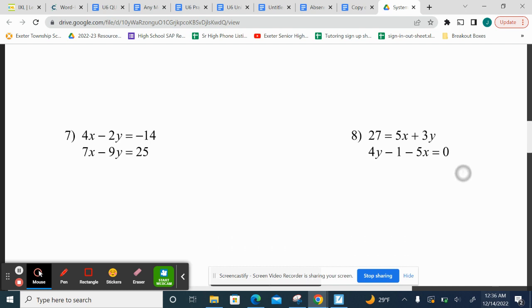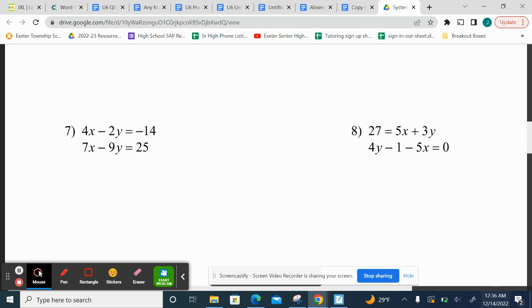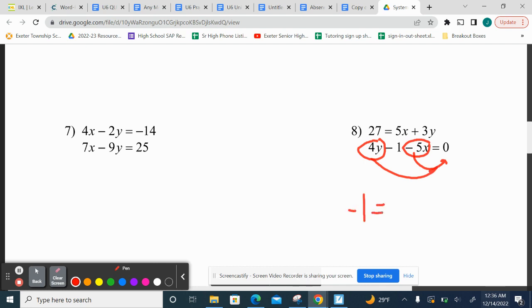You'd probably want to move the 4y and the negative 5x over here, so that then you have negative 1 equals, plus 5x because we're crossing the equal sign, and then a minus 4y, and then you're all lined up. And then you could go about your business as you see fit.